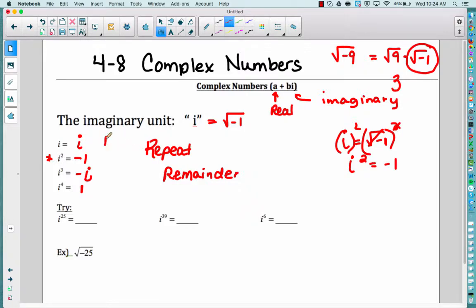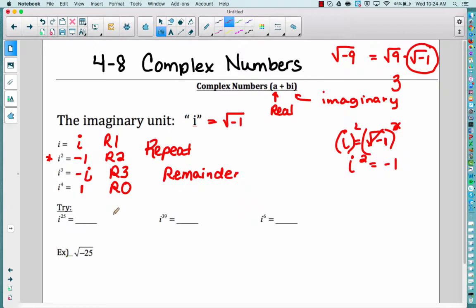So if we get a remainder 1, the answer will be I. If we get a remainder 2, the answer will be -1. If we get a remainder 3, the answer will be -I. And if we get a remainder 4, it will be 1. I mean remainder 0, sorry. Remainder 0 would be 1 because 4 goes into it evenly.